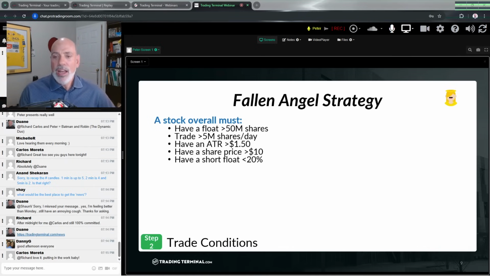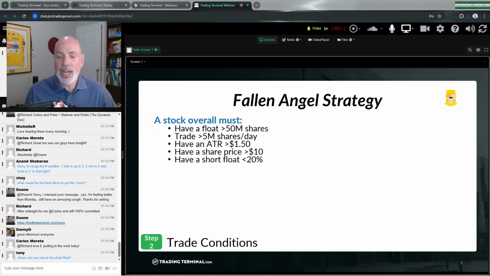Why? Well, if you had a really, really big short float, you could get a short squeeze out of it, which means that, if it's moving higher, people could have to close their shorts, and that would actually cause it to move higher. But what sort of like the share price and the float, it can create erratic behavior because don't forget, the people that are short have a vested interest in this thing going down.